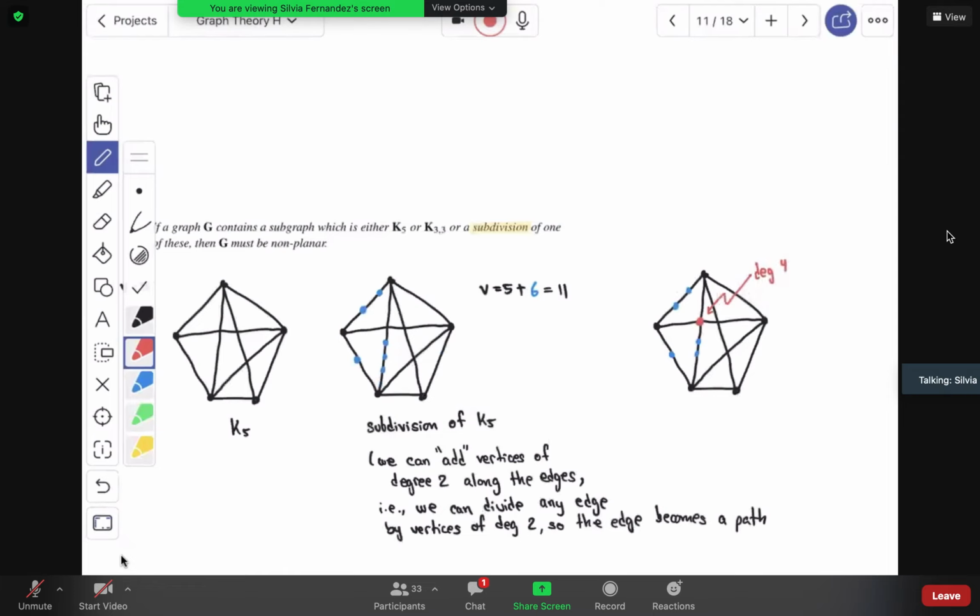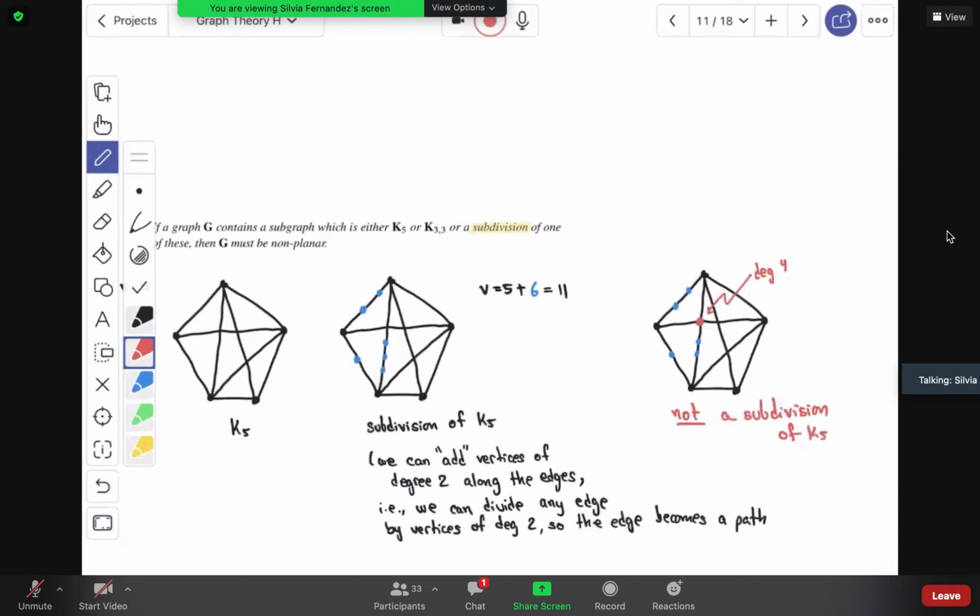It was a crossing, right? So this is not a subdivision. Okay, fine. So I'm allowed to add extra vertices of degree 2 along the edges, but I'm not allowed to use those crossings as my new vertices. Make sense? And that's because the degree is not 2, right?